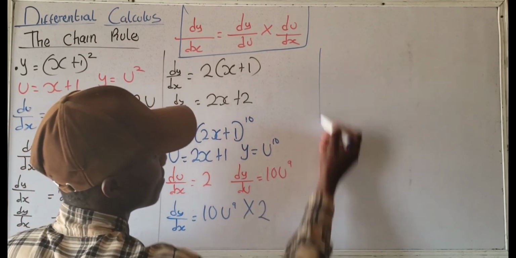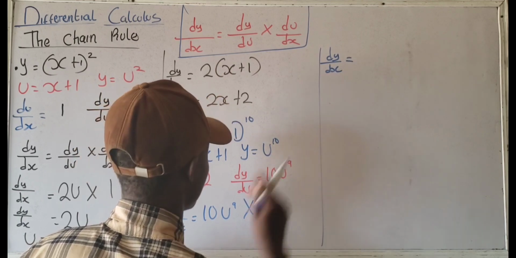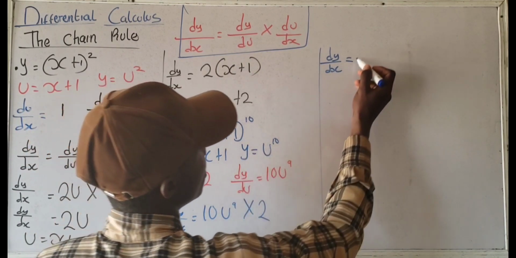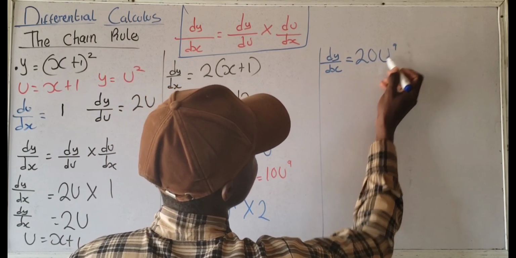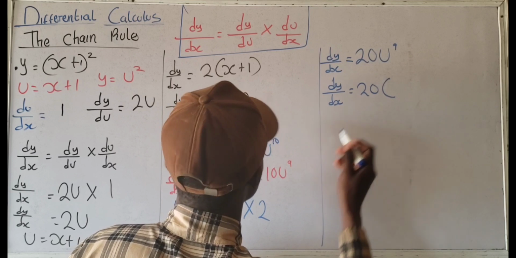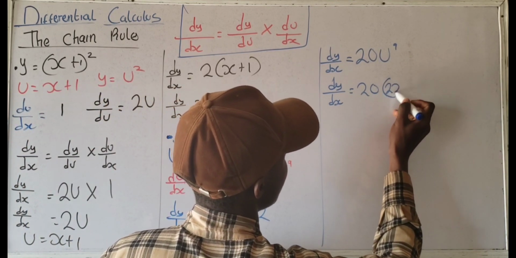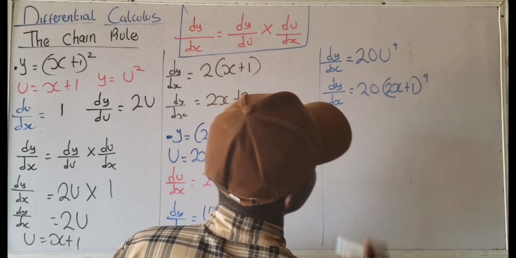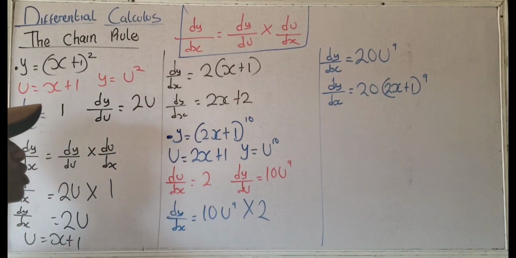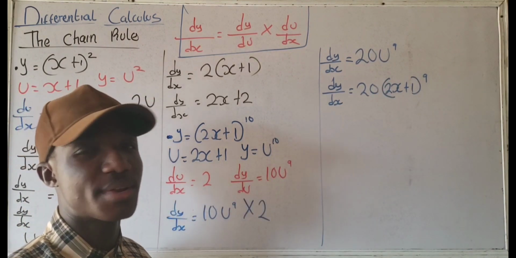Here, I'm going to have dy over dx equal to 10u raised to the power of 9 multiplied by 2, which will give me 20u raised to the power of 9. So dy over dx is equal to 20u raised to the power of 9. u is what? u is 2x plus 1. So replace it. We are going to have (2x plus 1) raised to the power of 9. So the derivative of y equals (2x plus 1) raised to the power of 10 is 20 multiplied by (2x plus 1) raised to the power of 9.